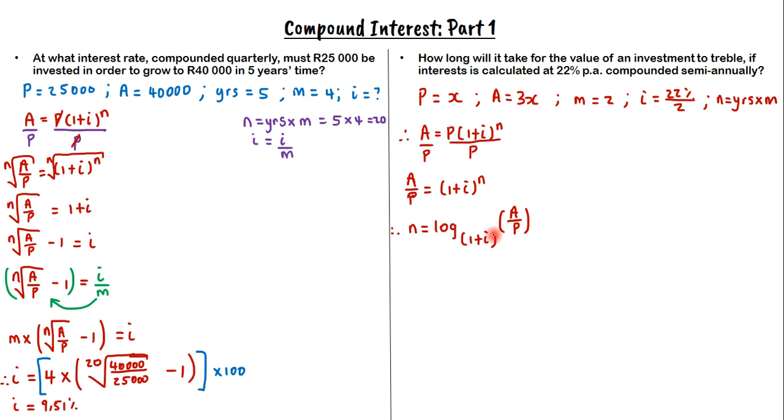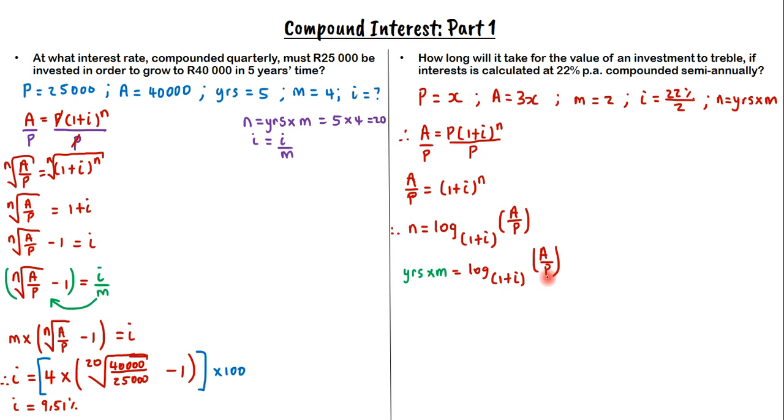Alright, from here you might think that we are done, but remember it said how long it will take. So they basically want to know the number of years, right? So here we change this n into years, by m. Now this then equals log base 1 plus i into a over p.